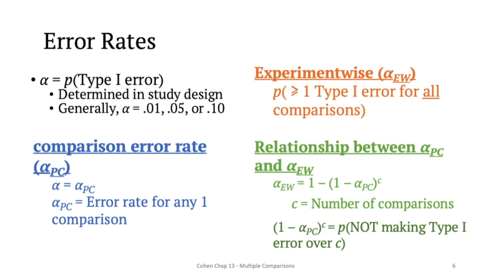For example, if we're doing one comparison, you can just plug these numbers in and you'll get 0.05 if this is 0.05 right here. But as those comparisons go up, this gets bigger and bigger and bigger. It's no longer going to just be 0.05, it's going to be larger and larger and larger. And this happens really quickly.